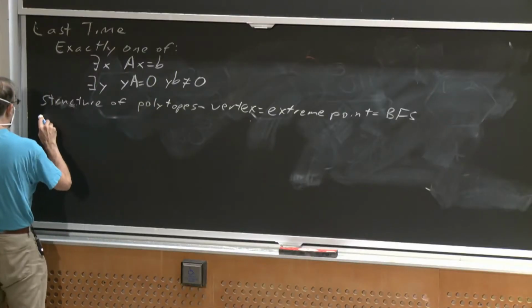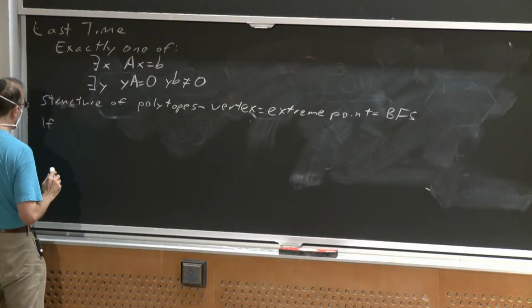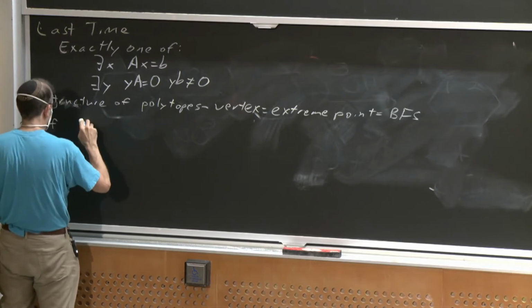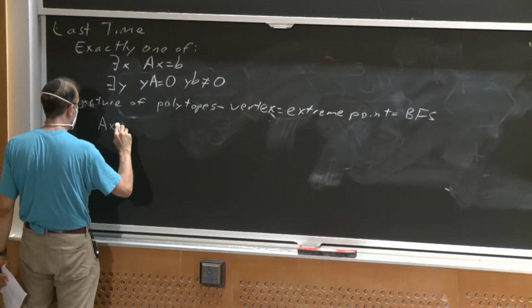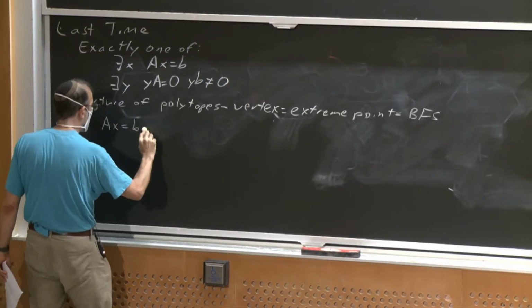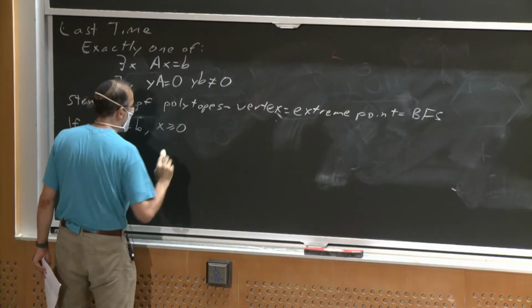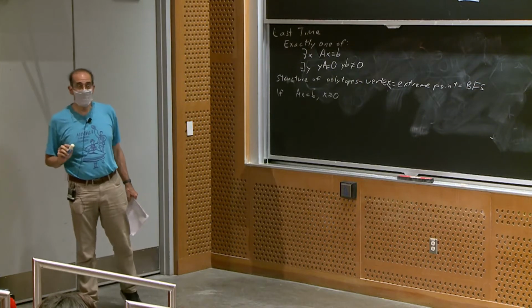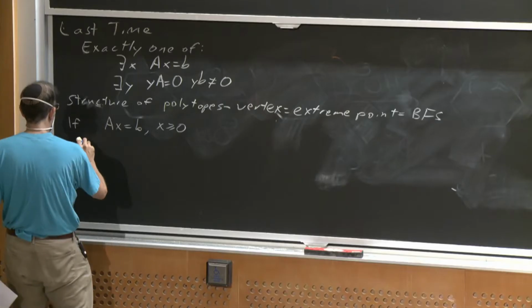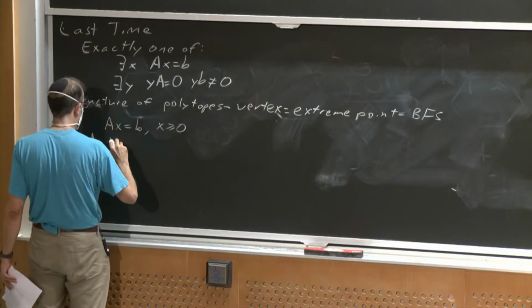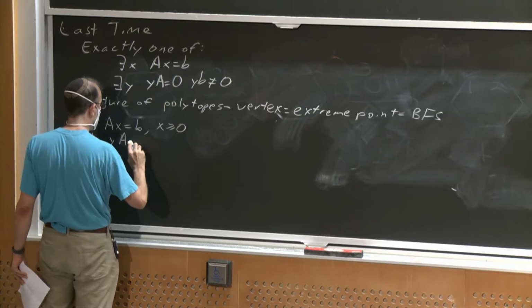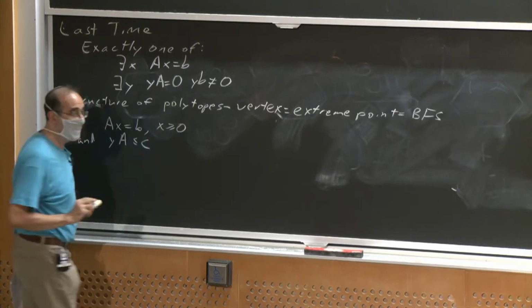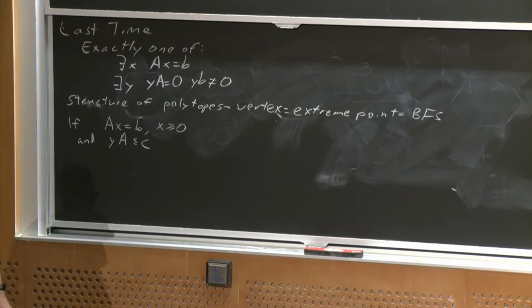So what we eventually arrived at was, if we have a solution that is feasible for a standard form linear program, and we have a solution that is feasible for a canonical form linear program with the same matrix, right?